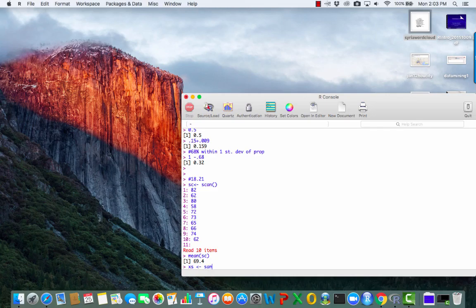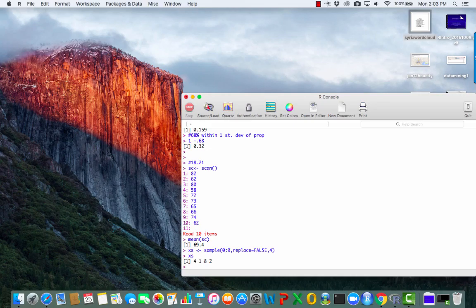I want to sample 0 through 9, replace equals false, and I want to do 4 of them. Okay, so let's see who we have. 4, 1, 8, and 2.